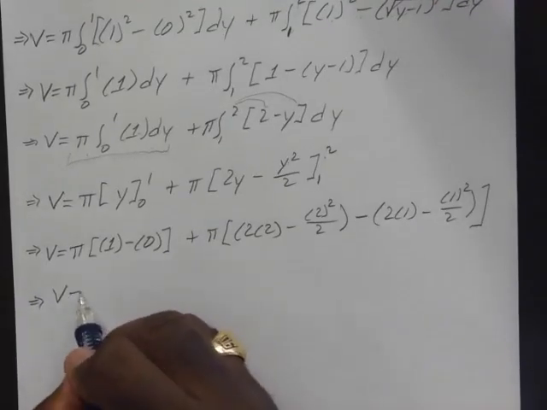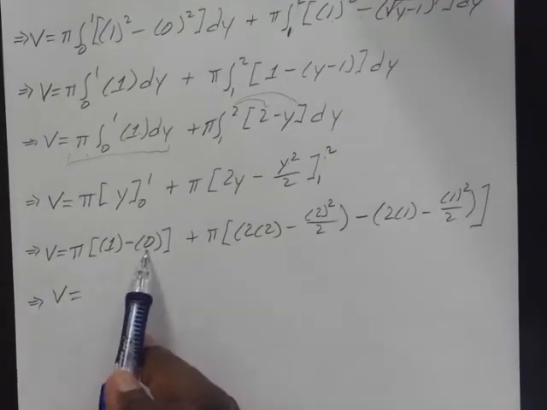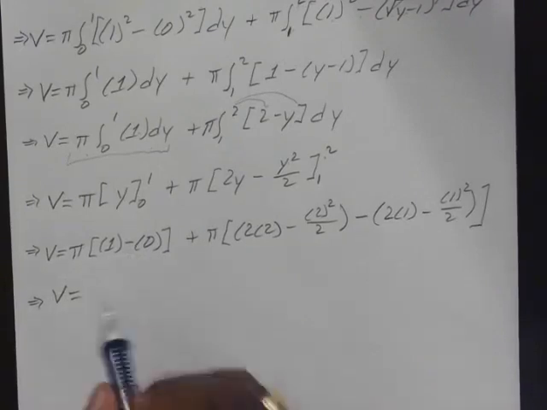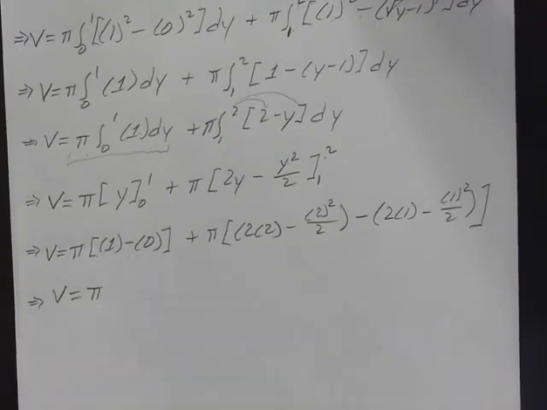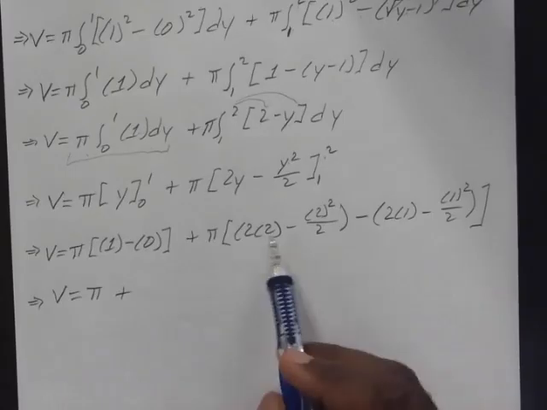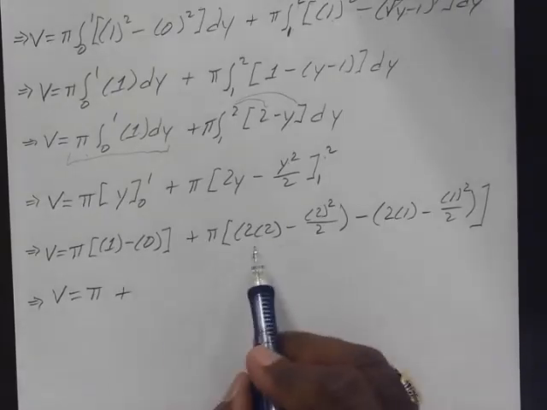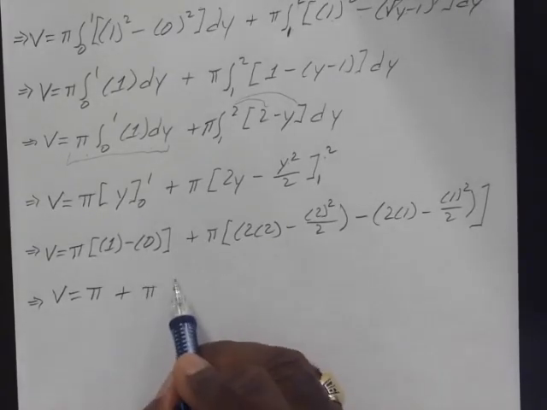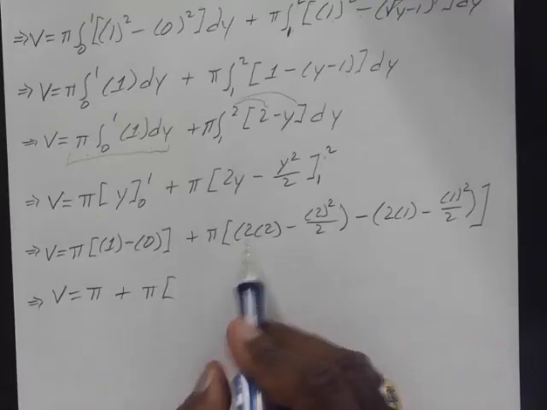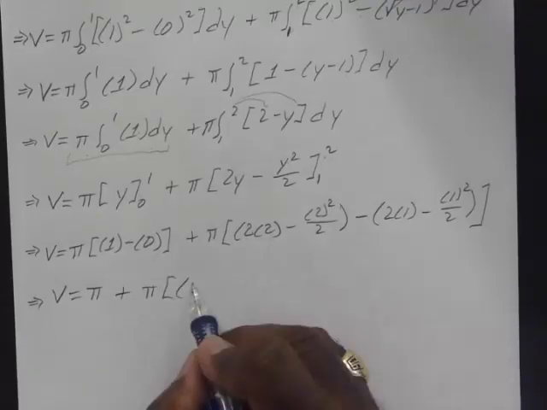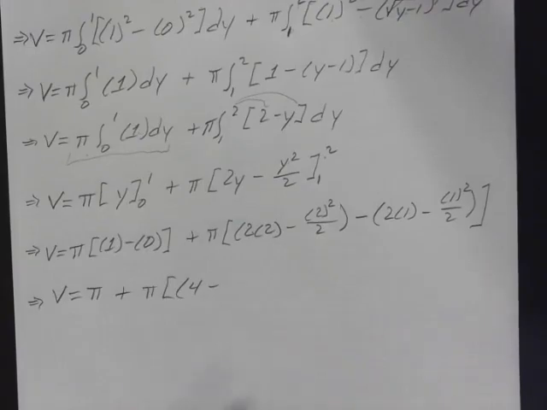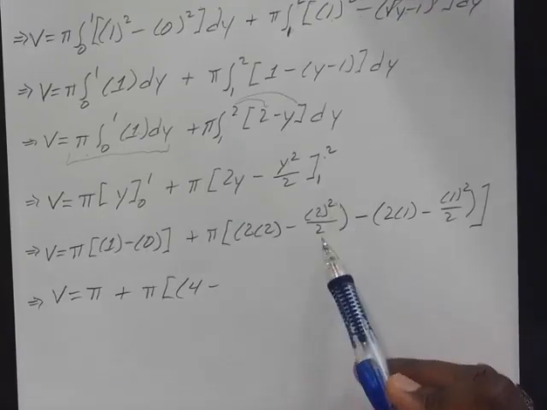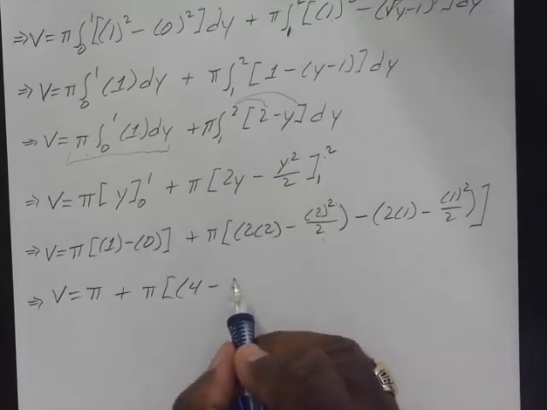Okay, so we know that our volume is equal to 1 minus 0 is just 1, so that's 1 pi, or just pi. Plus, here we'll simplify this first. 2 times 2 gives you 4, minus 2 squared divided by 2 is just 4 divided by 2, which is 2.